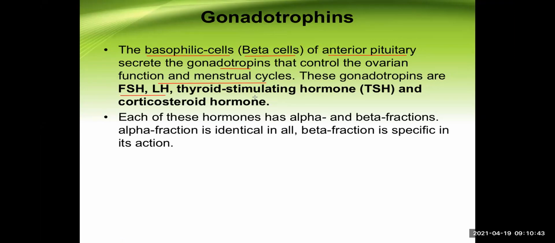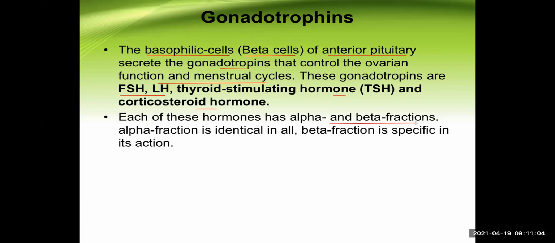But the others are also mentioned here, like TSH and corticosteroid hormone. They also play a bit of a role, that's why they are mentioned here. Each of these hormones has an alpha and a beta fraction, just like beta HCG. You have studied that before. Beta HCG means the beta fraction of HCG.